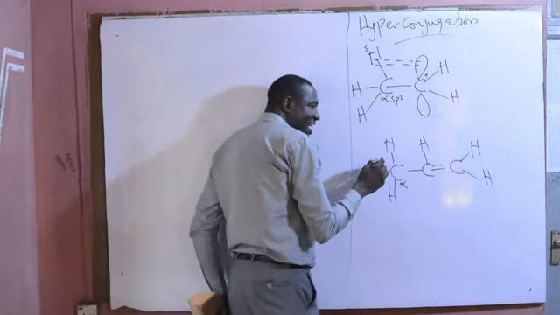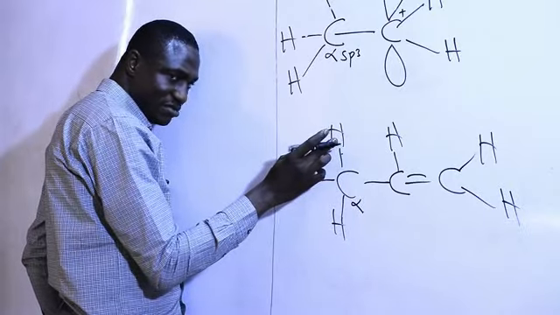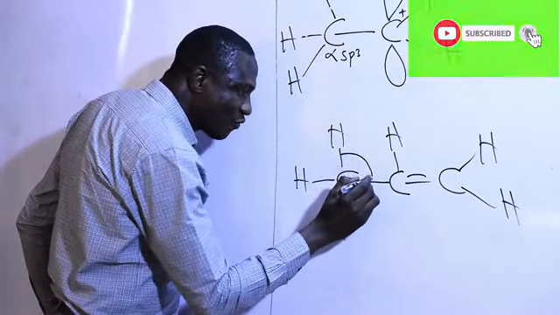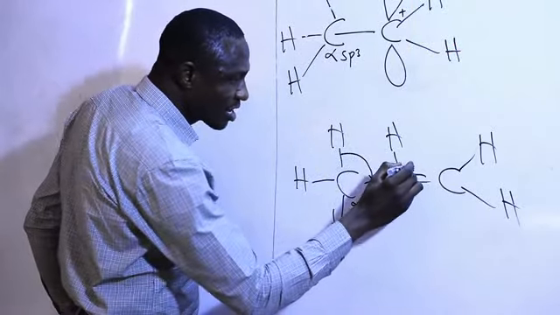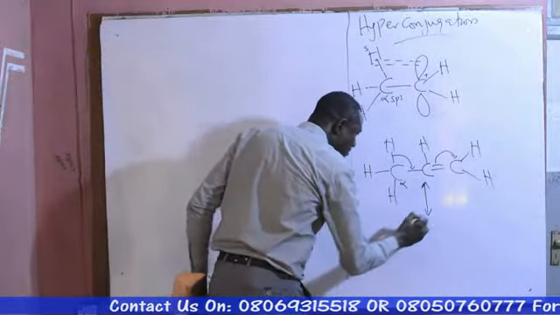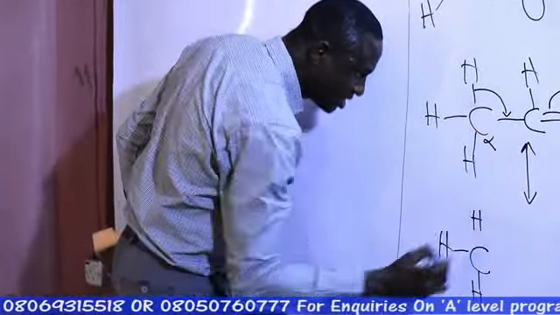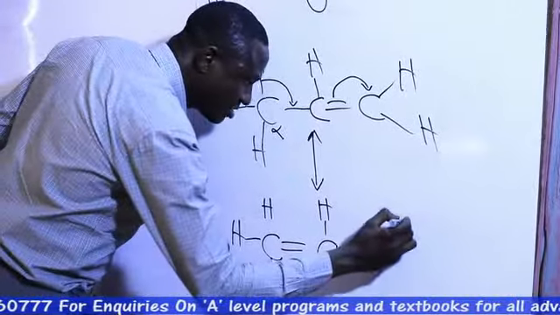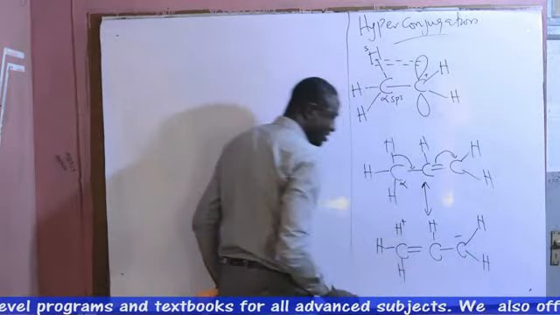So there can be a kind of hyperconjugation whereby the sigma bond electrons between the s orbital of hydrogen and the sp3 hybrid orbital of this carbon can come here to form a double bond, while in that case, this pi bond here can move away from this carbon atom towards this carbon atom to give you a hyperconjugative structure, with a double bond here, hydrogen here, and a carbocation, so this must have a positive charge.